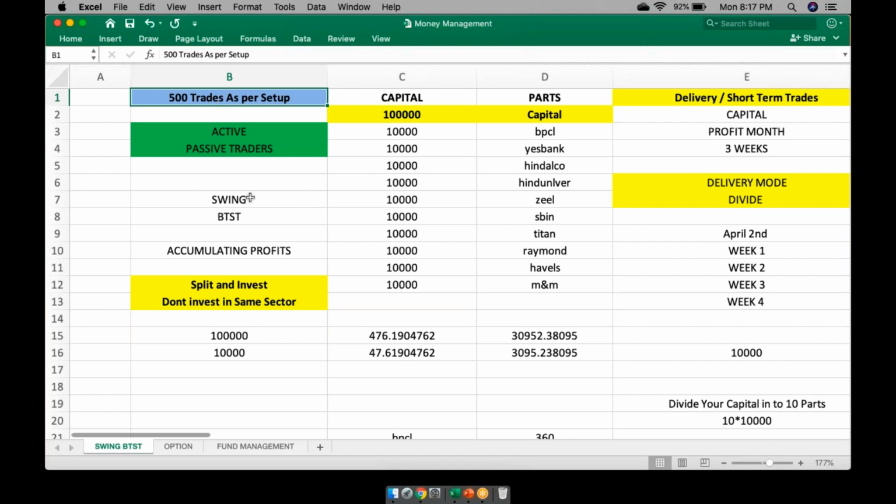I'll repeat again: whatever techniques we are going to learn, we will mention that particular technique as a trade setup. Say for example, PRB or ORB or trade from bottom, whatever it may be. All those things we will learn later.